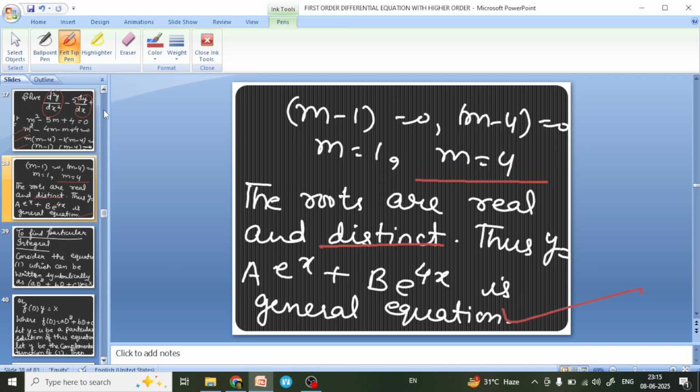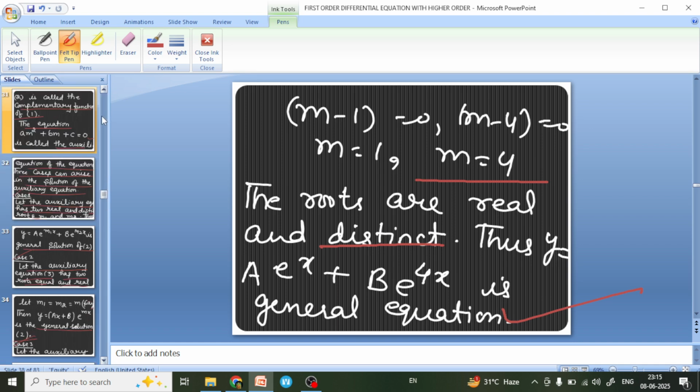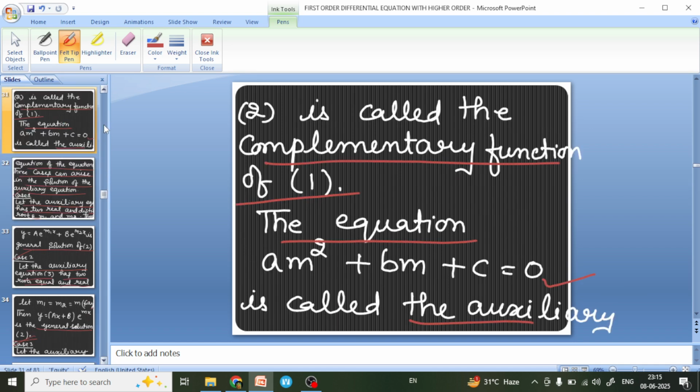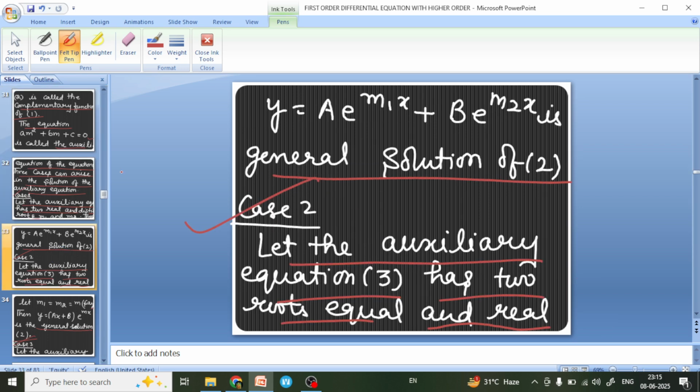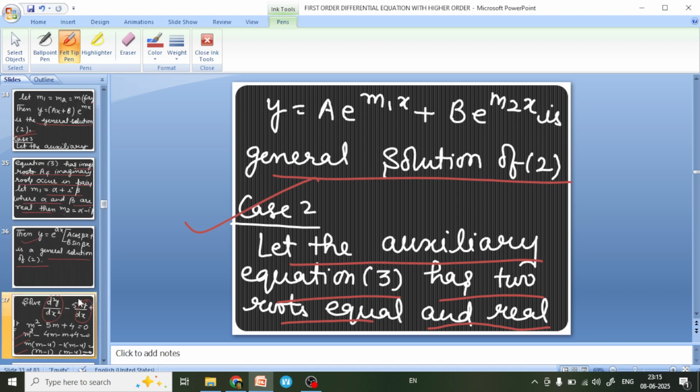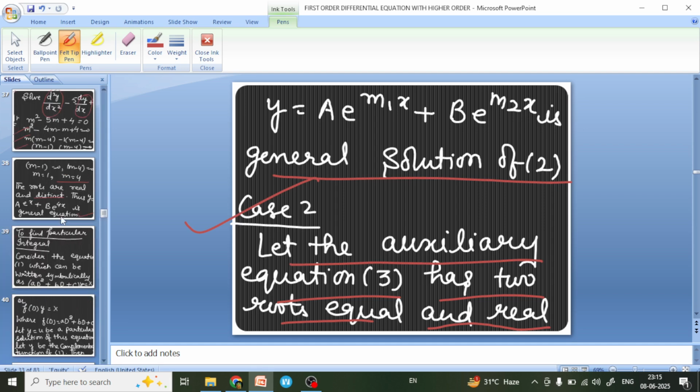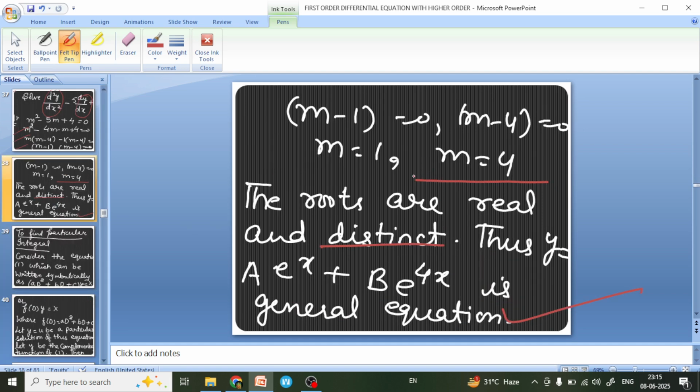You can see here in case 1, a e raised to power m1x plus b e raised to power m2x, and we only put the values in the equation: m1 is 1 and m2 is 4.